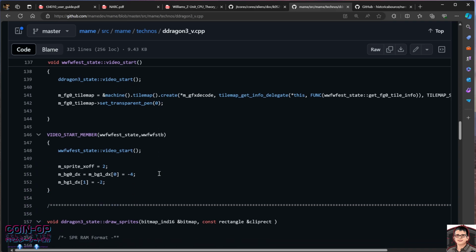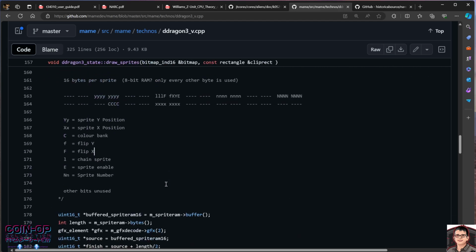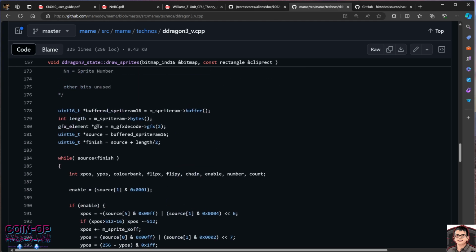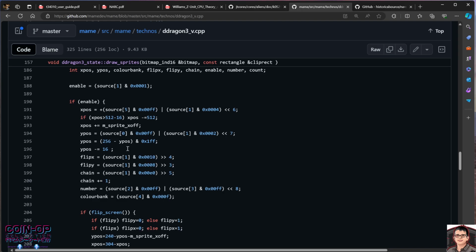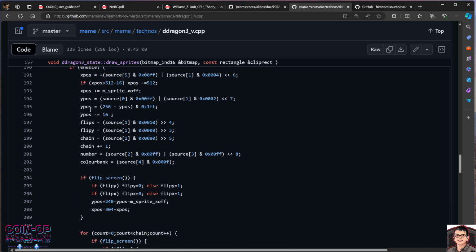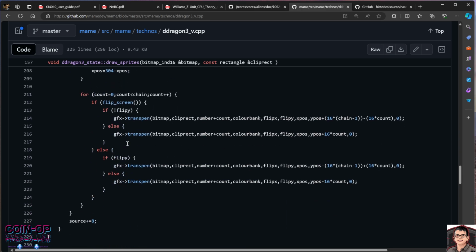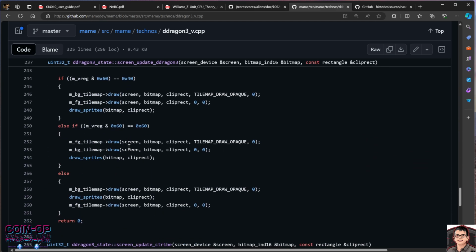But I think they cannot do that with their engine in MAME. So what they do is, when they do the calculations for where the graphics go, you can see here that they're calculating the X and Y positions and all that stuff. What they do is add an offset of 8 to all these calculations.